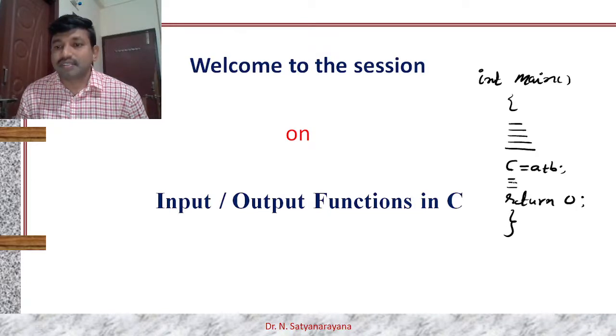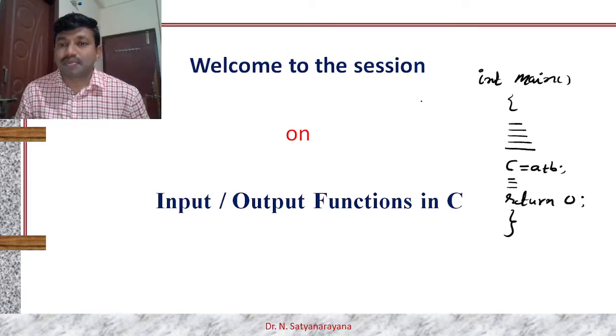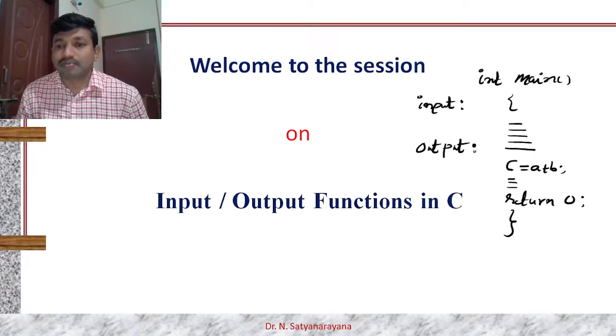In fact, what this program really needs, even if you are good at C language, is that every C program expects, as we have discussed in the properties of a good algorithm, input, and we also expect output from the program.